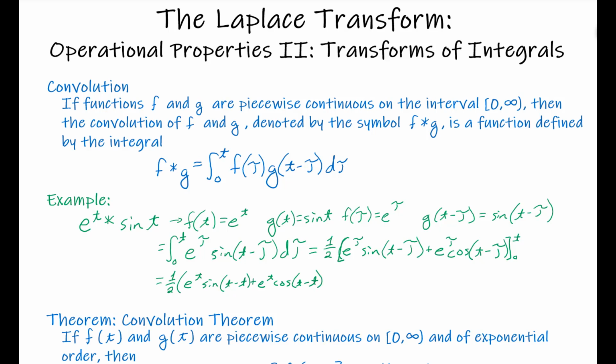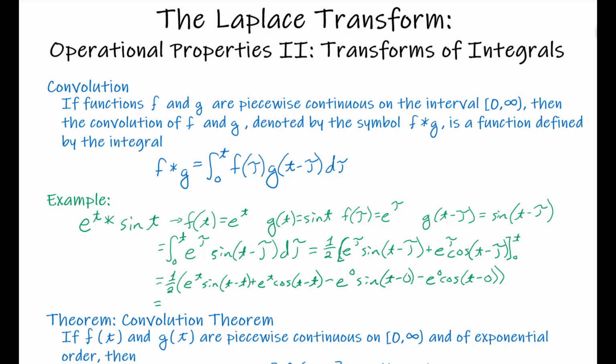And then we need to plug in 0 for tau and subtract that, so we'll do minus e to the 0 sine of t minus 0, and then minus again, because we're still subtracting it, e to the 0 cosine of t minus 0.